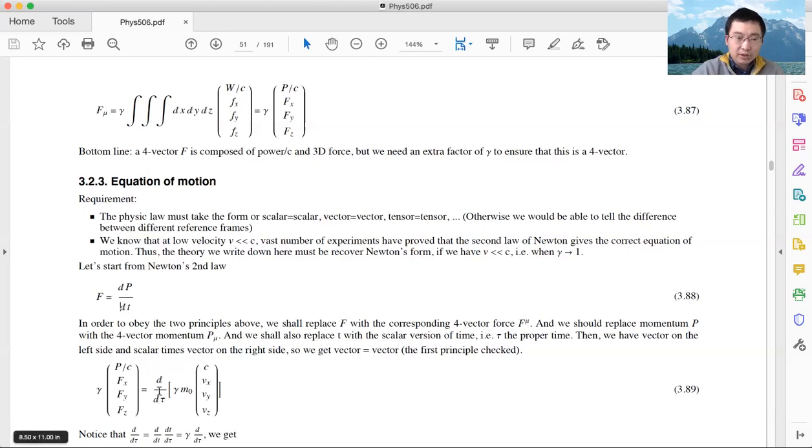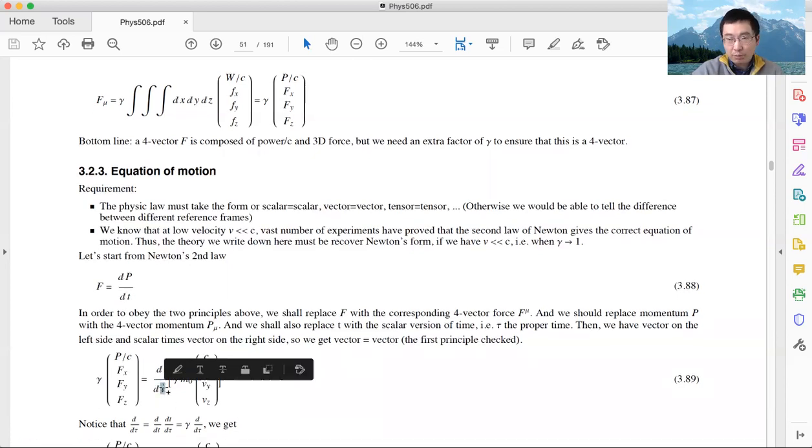Instead, we need to do a scalar time derivative, d/dτ. Instead of dt, we should use dτ, and this τ is the proper time. This is the same trick we used early on when we defined velocity. When we defined velocity, we also needed to do the time derivative, but we couldn't do that because the time derivative is neither a scalar nor a vector. It's part of a vector. We can't use part of a vector.